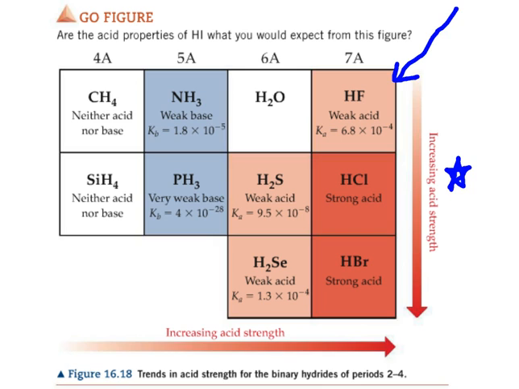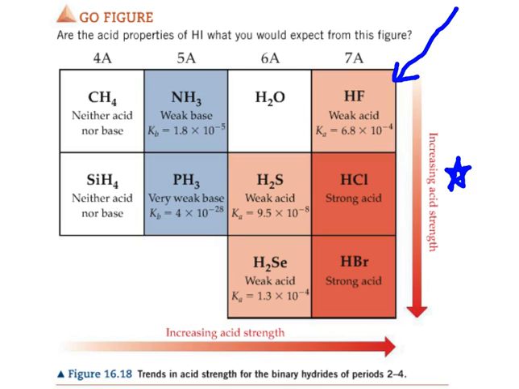Notice that hydrofluoric acid, HF, is actually a weak acid. This would be very surprising if acid strength was determined by electronegativity alone, since fluorine is the most electronegative atom. However, remember that acid strength comes from a variety of factors.